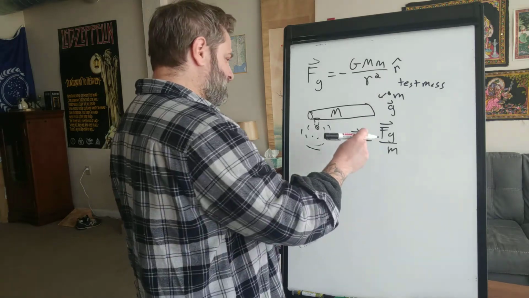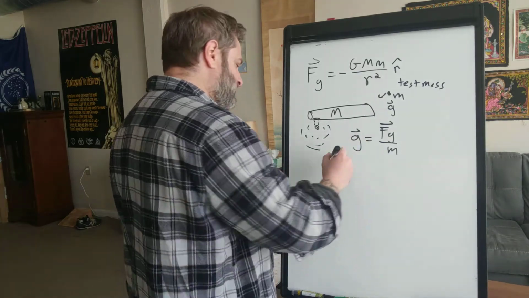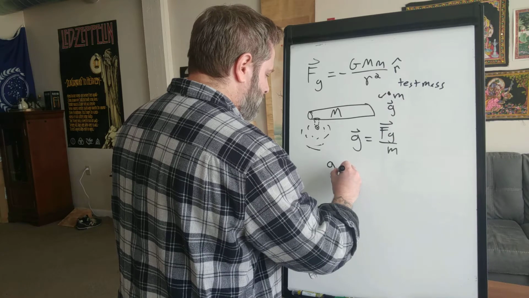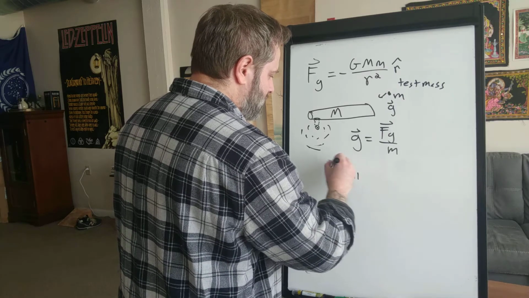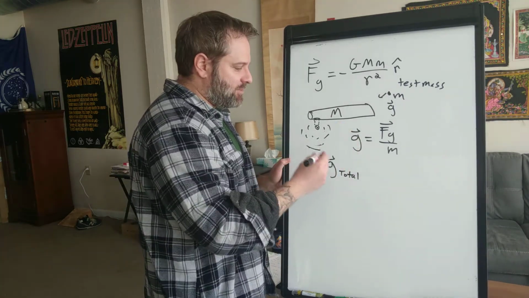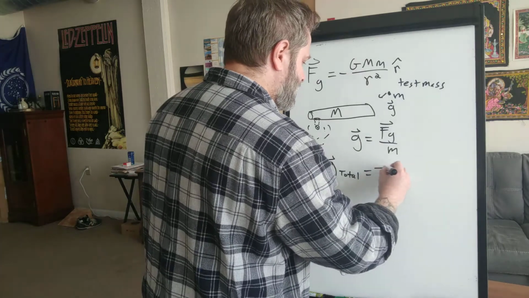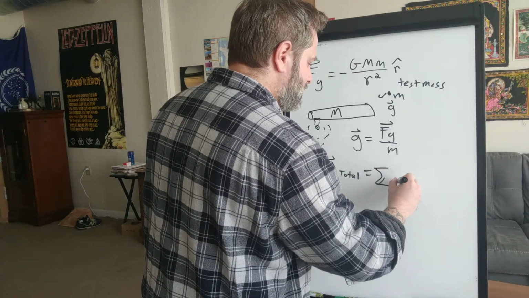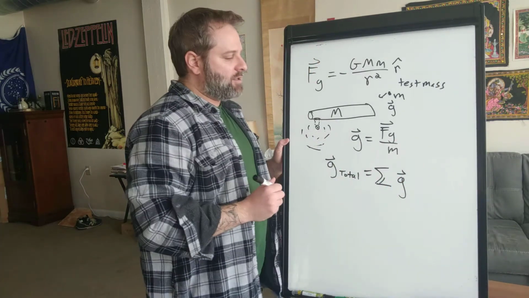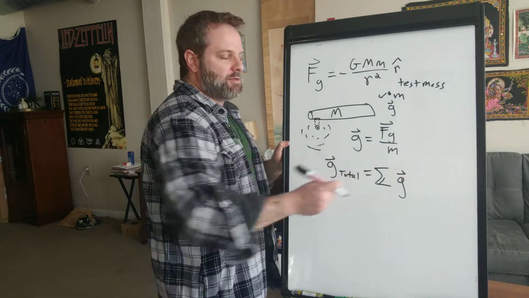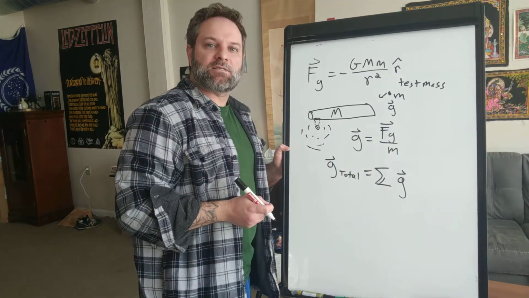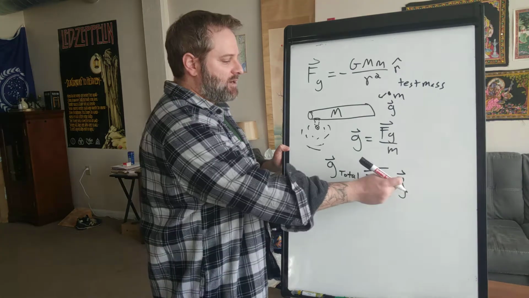So this is a vector quantity, right? Which means that if we want to know the total gravitational field due to some object, I add up all of the individual pieces of that gravitating object together as vectors.